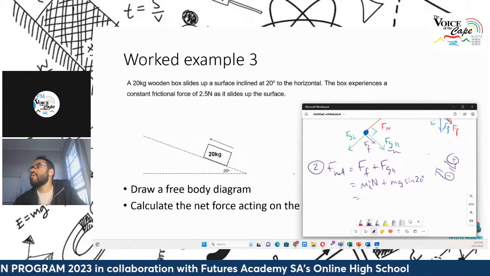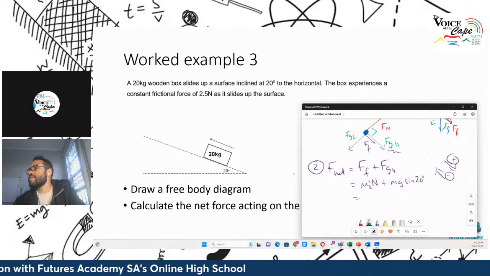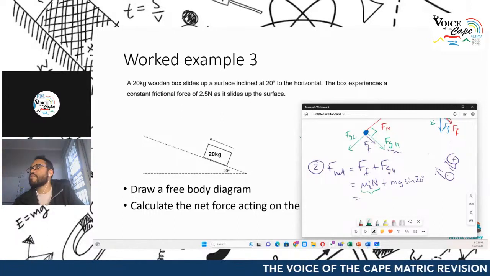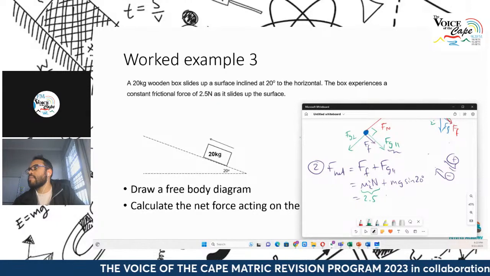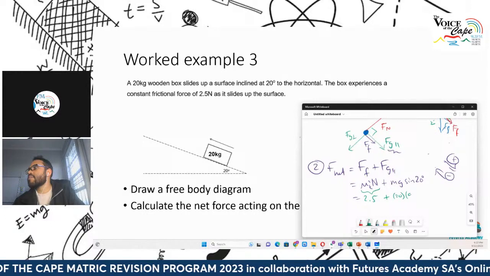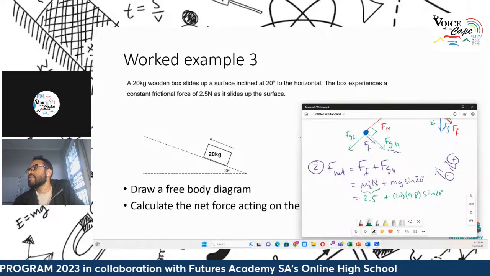Now, mu k times n, that was actually given. They told you it's a constant frictional force of 2.5 N. So you don't actually have to work it out. You know that's going to be 2.5, plus m, the mass of the object, which is 20 kilograms, times 9.8 multiplied by sine of 20 degrees.